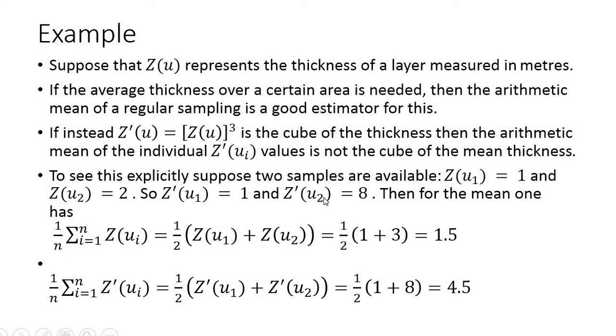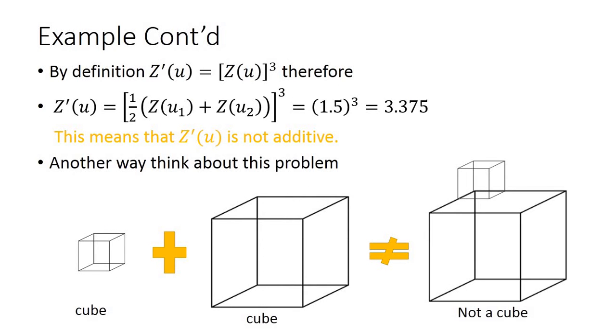And then for the cubed one, the mean is 4.5. As you can see, there is a big difference between the thicknesses estimated by those. Therefore the assumption of additivity does not hold for the cube.